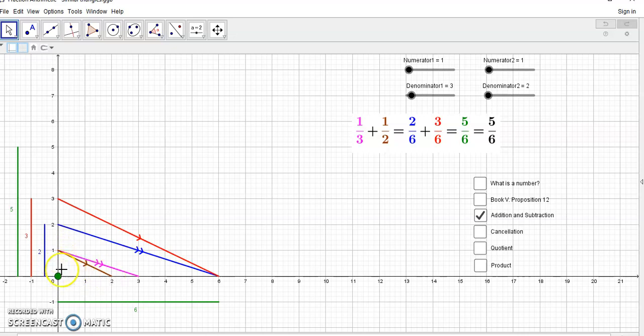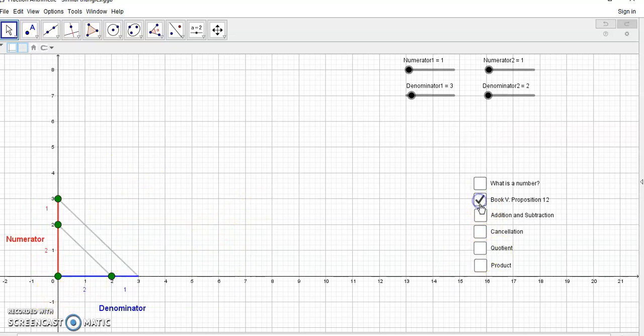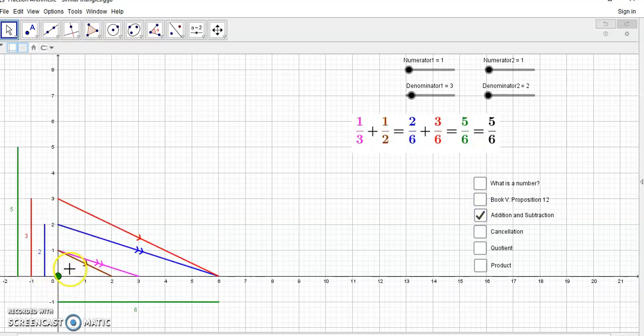So this is 1/2 and this is 1/3, and I want to add them. But because they are not expressed in the same denominations, we need to use this Book 5, Proposition 12 to make them equal. And when we do that, we find that 1/2 is the same as what?